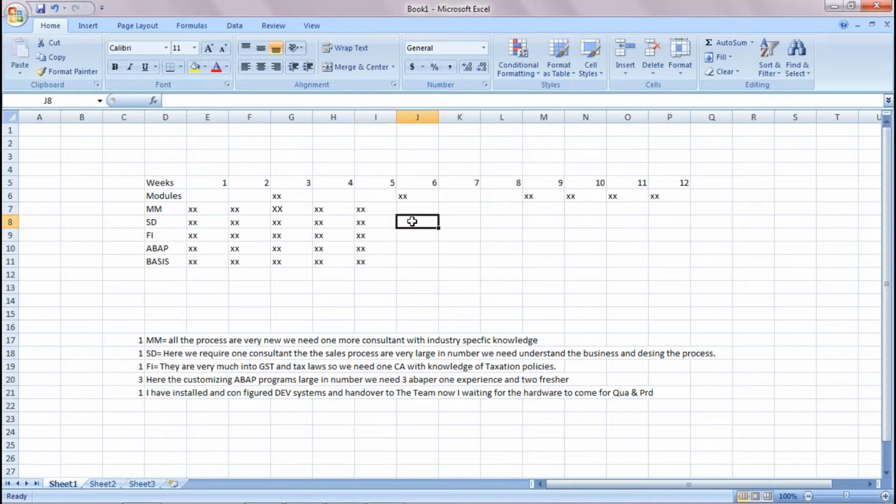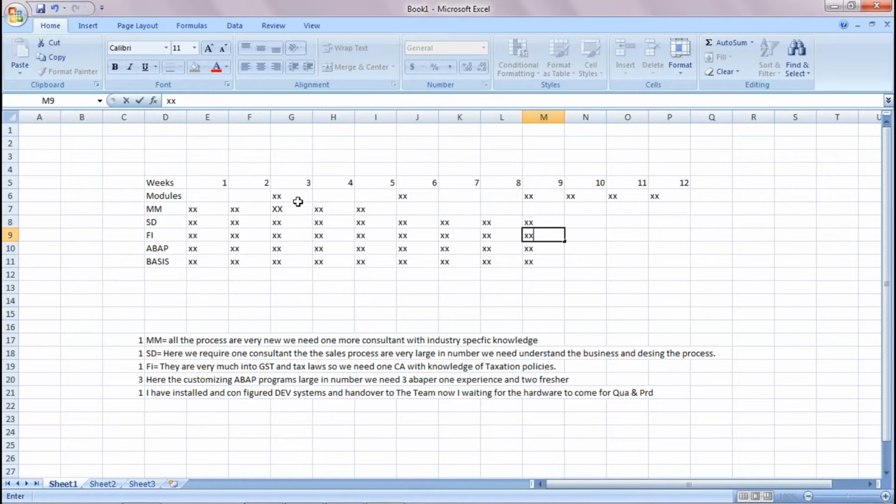But when it comes to the 9 weeks' time, now they are comfortable working. They will try to complete the whole project on time on this basis, but the manager has to take care.